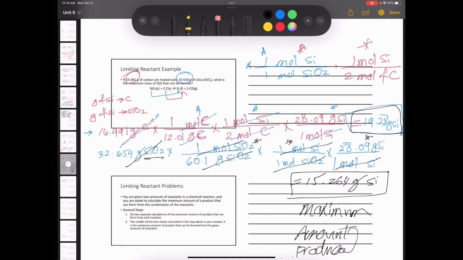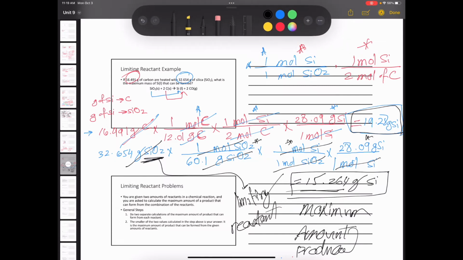As a result, this makes the silicon oxide my limiting reactant, because the silicon oxide will finish first in the reaction, giving the smaller amount of the silicon. So that makes it the maximum amount that can be generated, just like the example of wheels and frames.